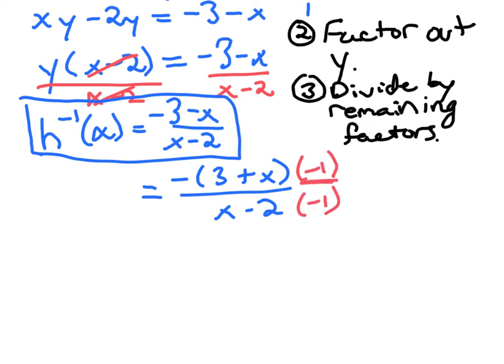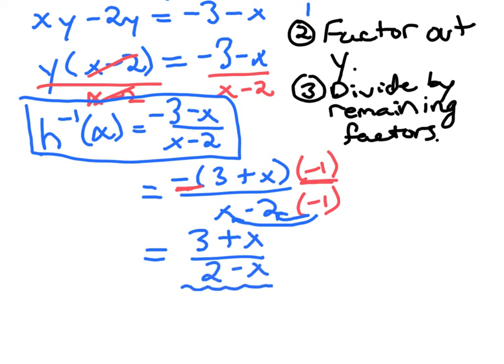So in the numerator, negative 1 times the negative out front multiply to give you positive 1, so it's just 3 plus x now in the numerator. In the denominator, if you distribute, we now have positive 2 and negative x. So this looks a little prettier, but it's fine if you leave it. It's an equivalent expression to what we have up here.